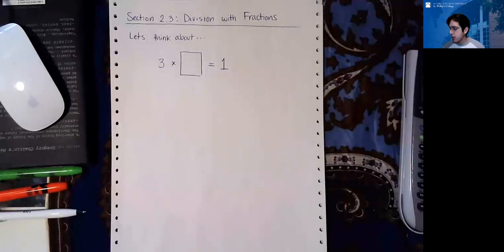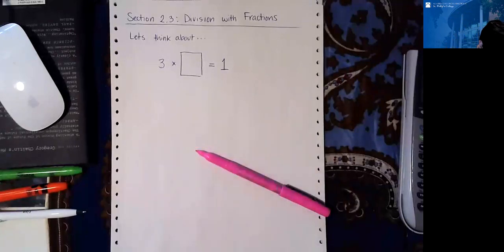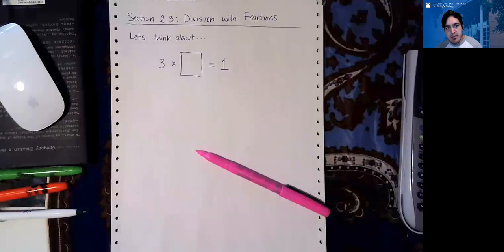Three times a number is equal to 1. What number can I multiply by 3 to get 1? Any ideas?